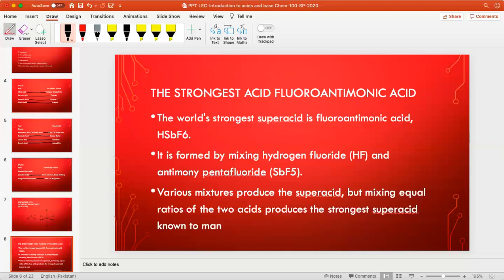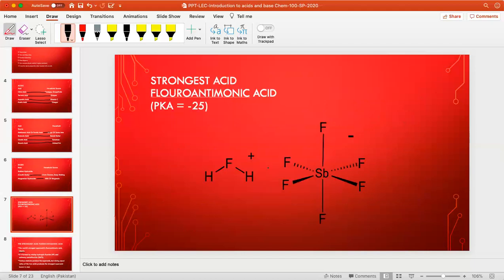The strongest acid, fluoroantimonic acid, is the world's strongest superacid, and its formula is HSbF6. Okay, let's see the figure again. This is the formula.